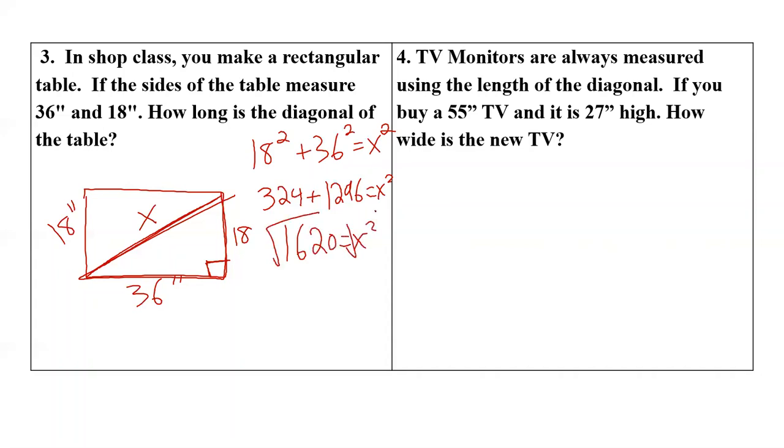Take the square root of both sides. X equals 40.2, and don't forget your inches, right? 2 marks is inches, 1 is a foot.